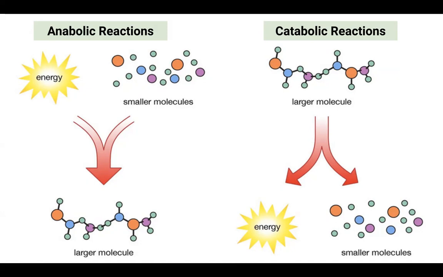So if you use a lot of energy in anabolic reactions, but you are not doing enough catabolic reaction to release energy and have energy stored, then you're going to lose weight. Whereas if you break down a lot of large molecules and release a lot of energy, but you're not really using them in anabolic reactions, then naturally speaking, you're going to gain weight.